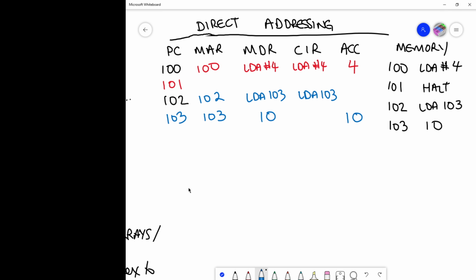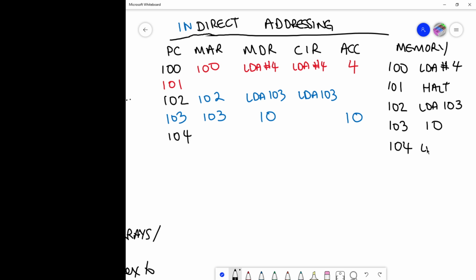So let's have a look at the one that is the infinite recursion system. What's the one where it's not an address, it's the address of an address? Indirect. So indirect. Let's do another program. I'm going to set the PC to 104. I don't care what the other values of the registers are.